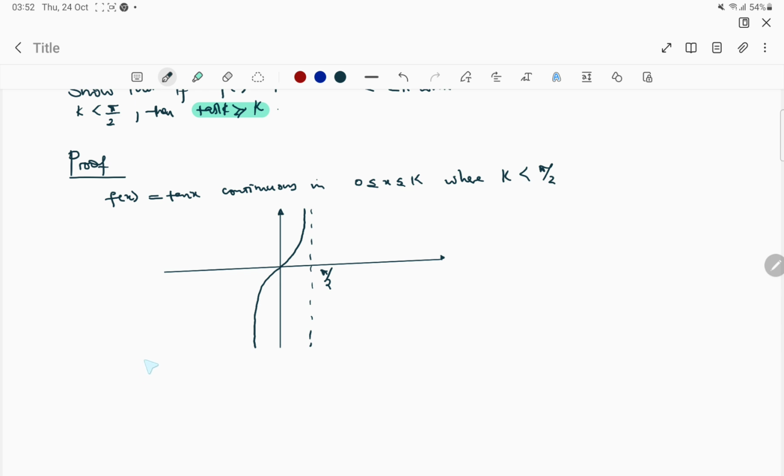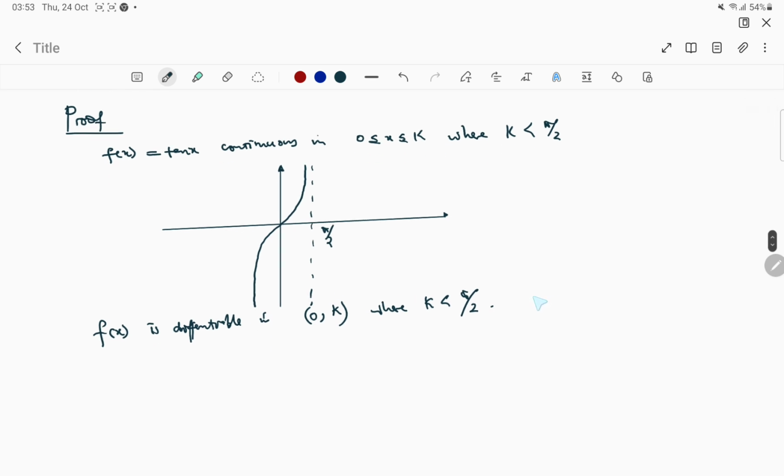And then the next thing is, is f(x) differentiable in 0 to k? Since we know that it's differentiable in 0 to k, where k is less than pi over 2, and the derivative is actually equal to sec squared x, right?